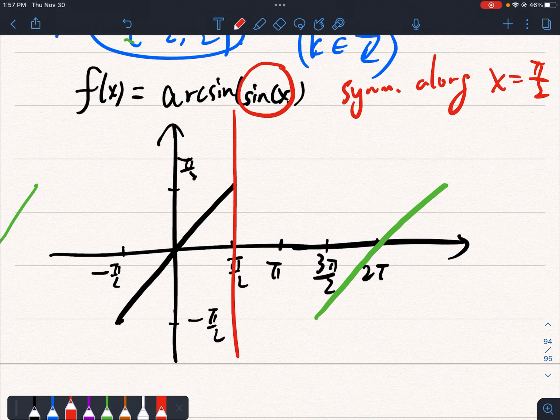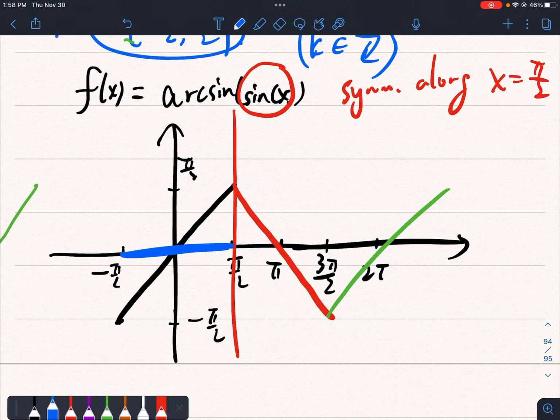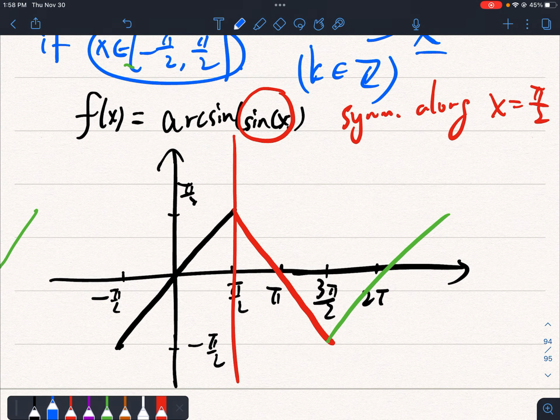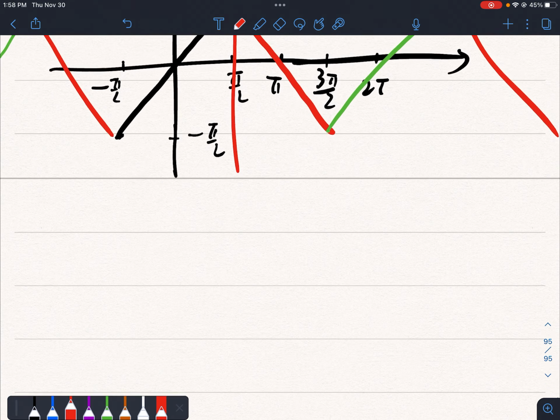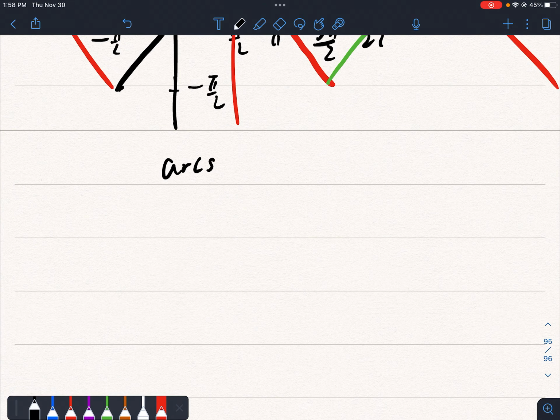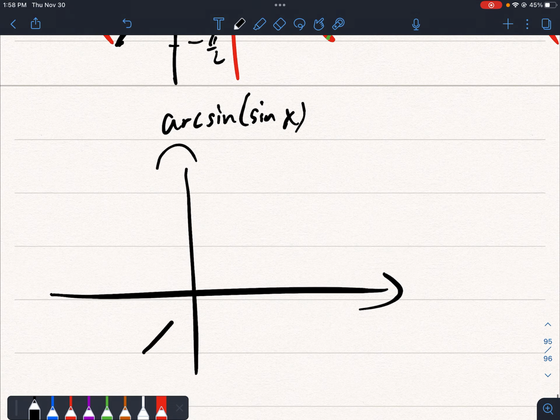Whenever you know the graph on the left of pi over 2, you can simply reflect the graph by the symmetry and then continue. And as long as you have this, you're done, because this has length pi, this has length pi, and this has length also pi. So this is a complete period, and this is also periodic of period 2 pi, so you can just continue.